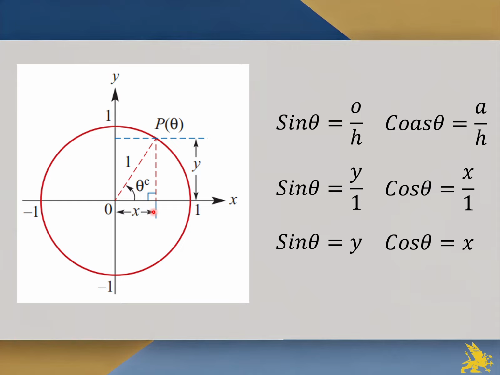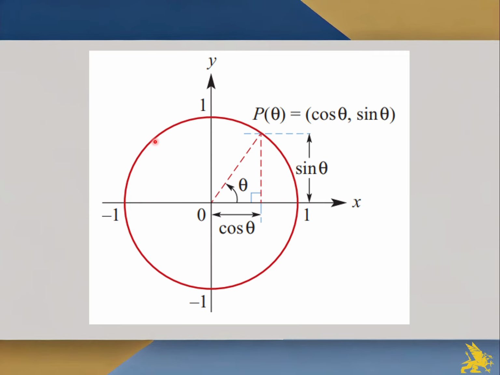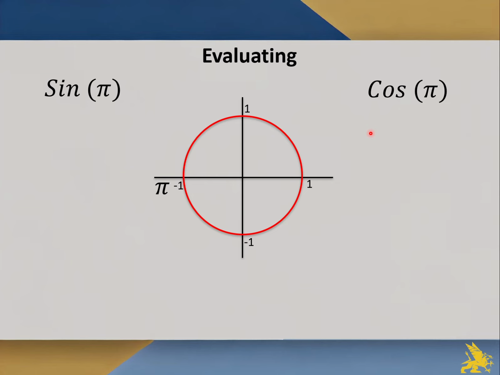That is our x value because we're talking about a unit circle here and we're dividing by 1. So that's what we've already learned. So that means this point here is going to turn into cosine theta for our x and sine theta for our y value.